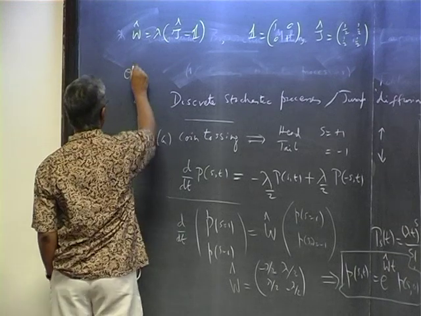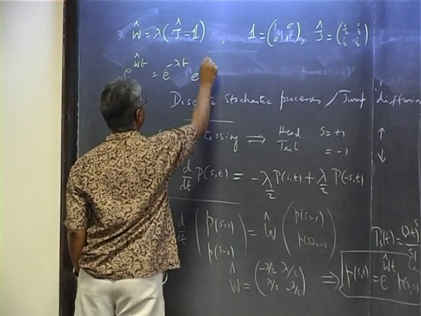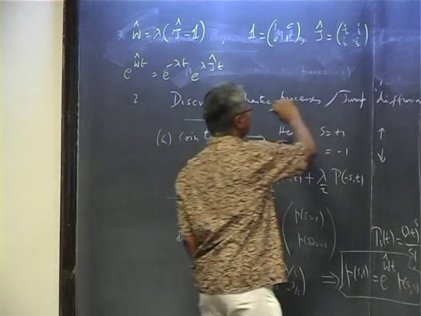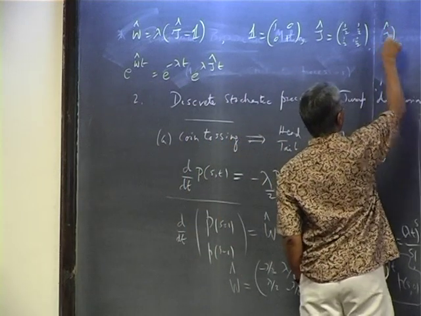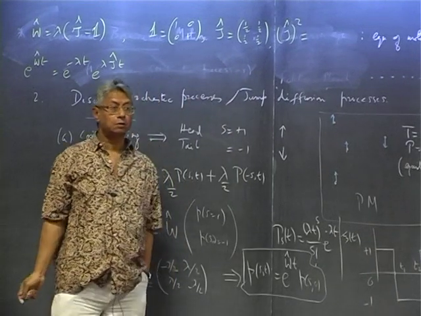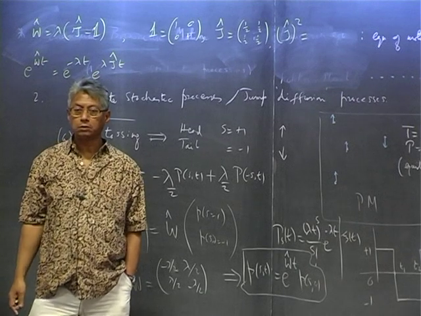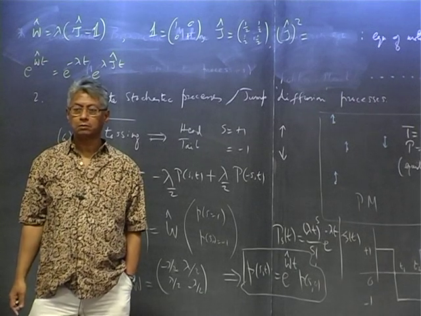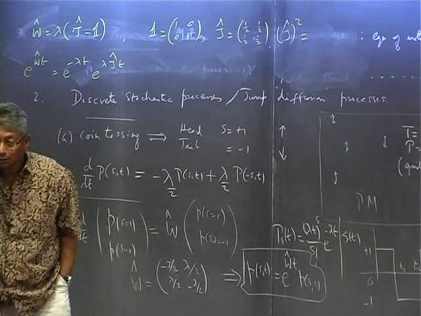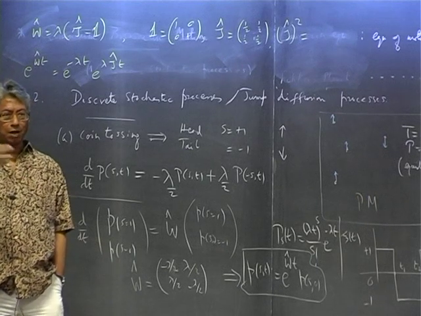So what is e to the Wt? It is e to the minus lambda t, e to the lambda t T, right? Now what is the property of this T matrix? If you square this T matrix, what do you get? T itself, right? Because quarter plus quarter gives you half everywhere.